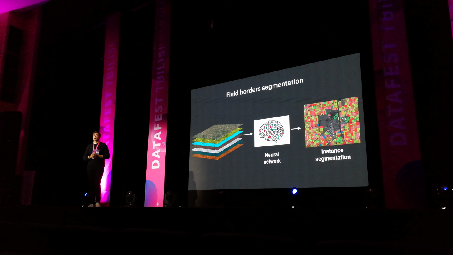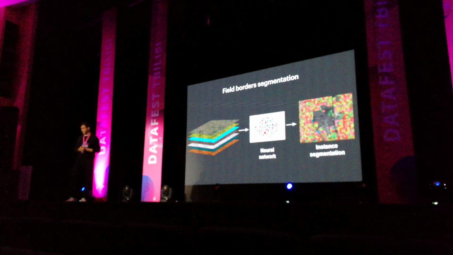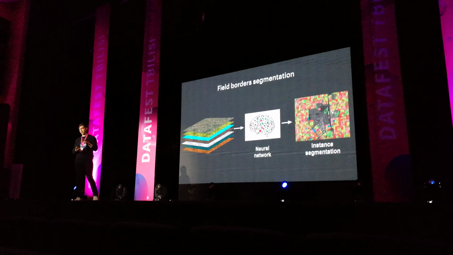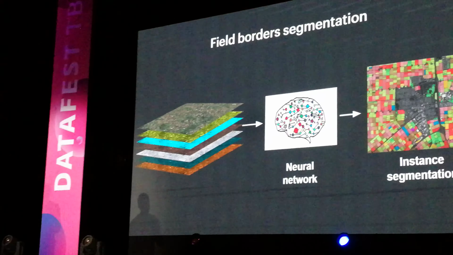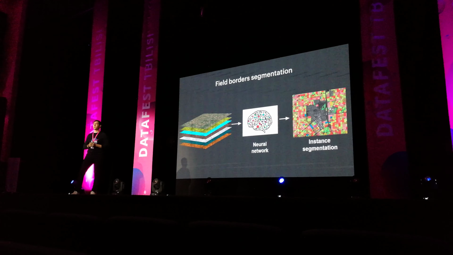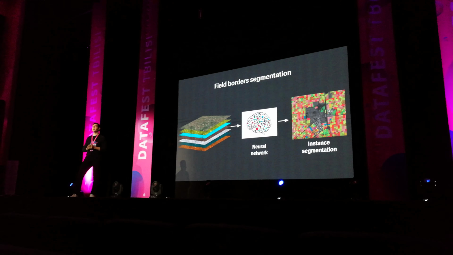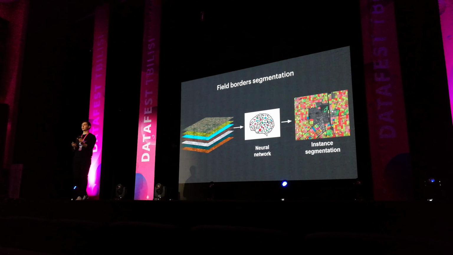Okay, let's speak more precisely about our task. We take data from the Copernicus program, then we put it into some mathematical model, and as a result, we get a mask where each pixel is marked with the number of the field it belongs to.